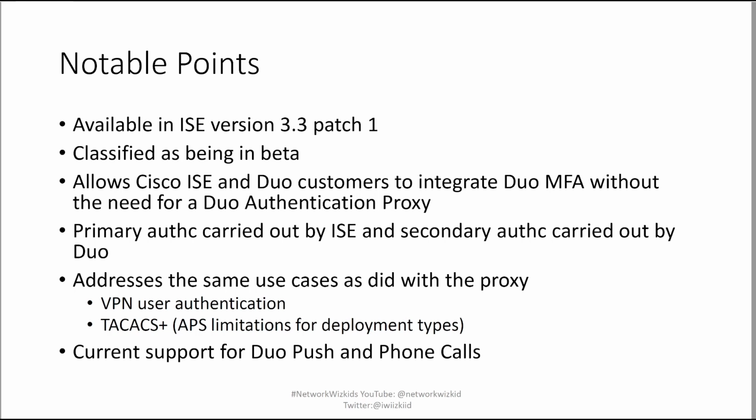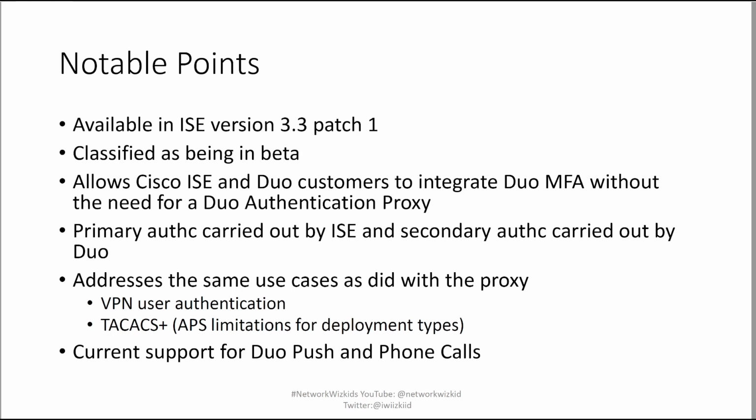This does address the same use cases as the standalone proxy. So you've got the VPN user authentication, and we have the TACACS+ authentication type as well. Now, there are authentication per second limitations for TACACS currently, depending on the deployment type, so small, medium, or large deployments, for example.